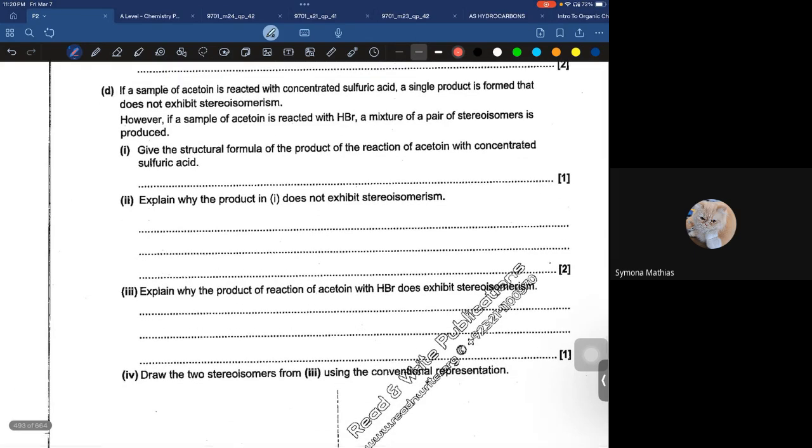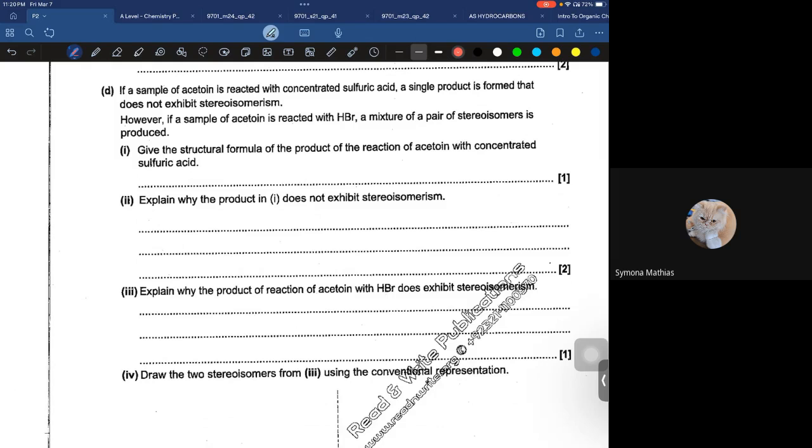If a sample of this compound is reacted with concentrated sulfuric acid, a single product is formed that does not exhibit stereoisomerism. There are two types of stereoisomerism, optical and cis-trans, you can say geometrical isomerism. However, if a sample is reacted with HBr, a mixture of a pair of stereoisomers is produced.